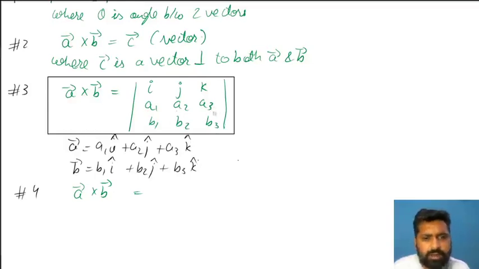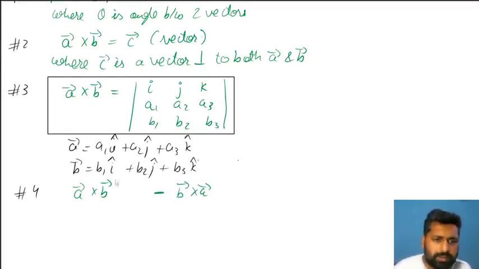So basically, if B cross A has to be done, these two rows R2 and R3 must be interchanged. What happens if you interchange rows of a determinant? The sign becomes negative. Okay. So this is from the properties of determinants, that A cross B and B cross A are just opposite. Okay. They are equal but negative of each other. Okay. So not commutative.